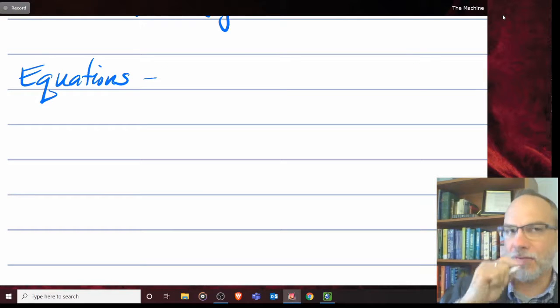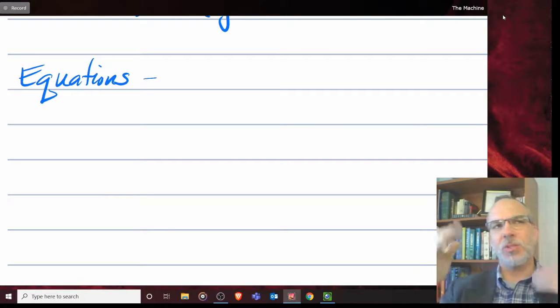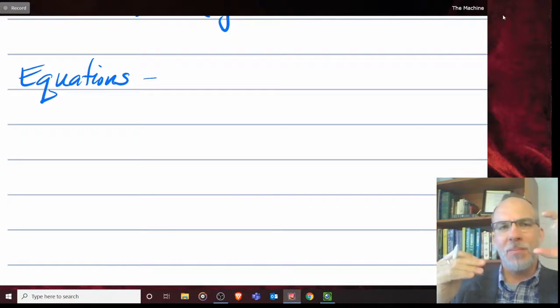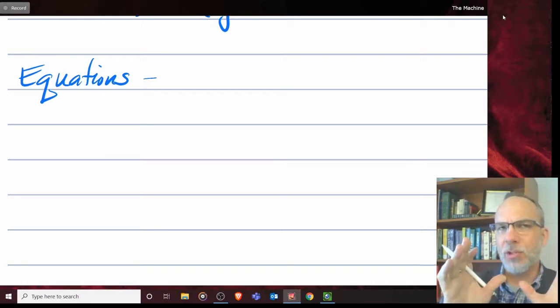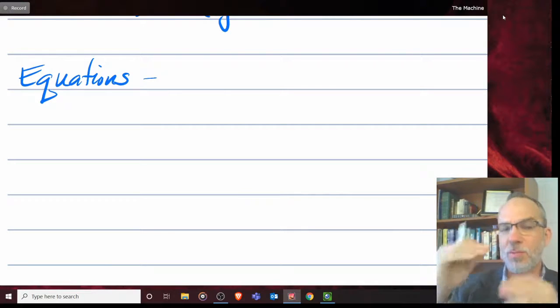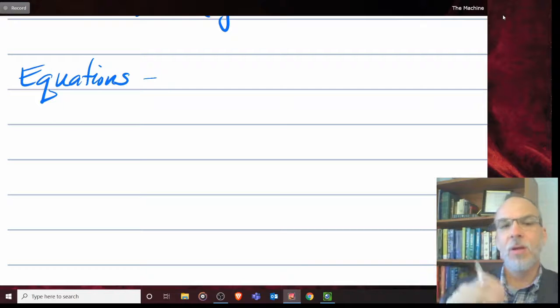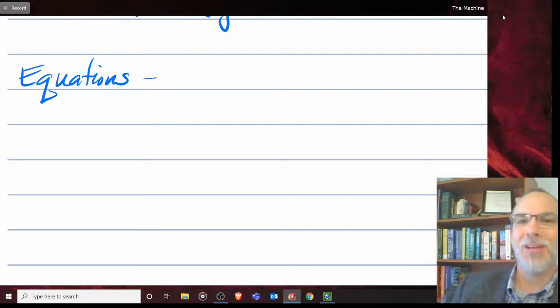The values have to stay the same. That's why we had to adjust those fractions by getting a common denominator, multiplying top and bottom by the same thing. We're multiplying by 1. We didn't change the value, although we changed the structure of the numbers. But with an equation, you can change the values, provided that the values stay equal.